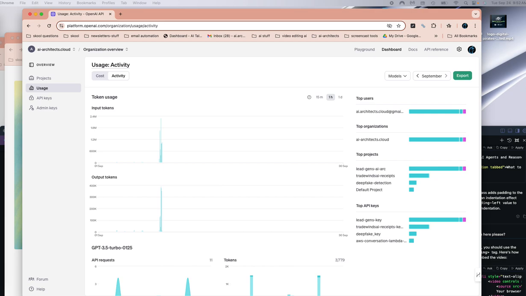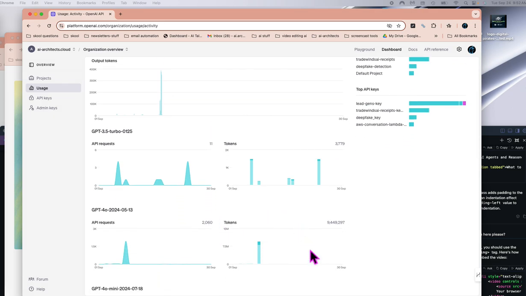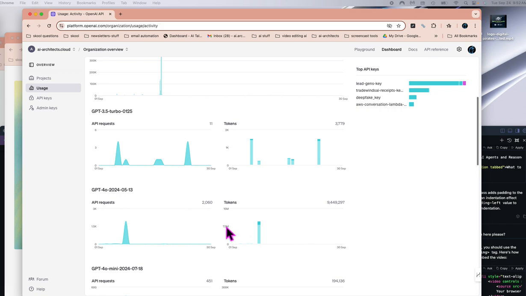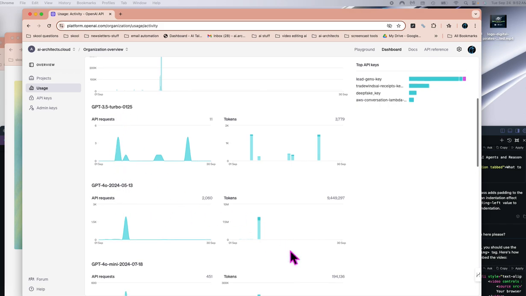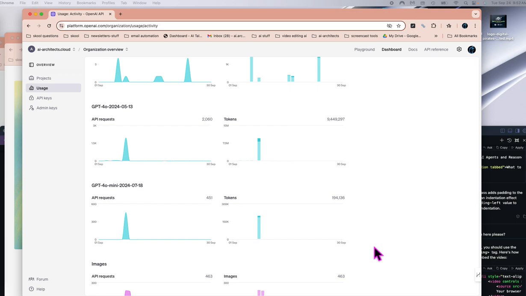Overview of where you can look at your costs for your OpenAI API usage. I am looking specifically at GPT-4o versus GPT-4o-mini because there's a huge difference.